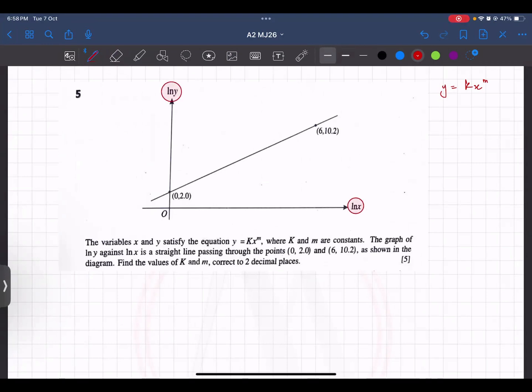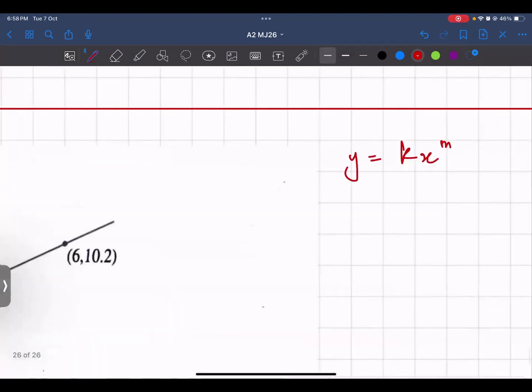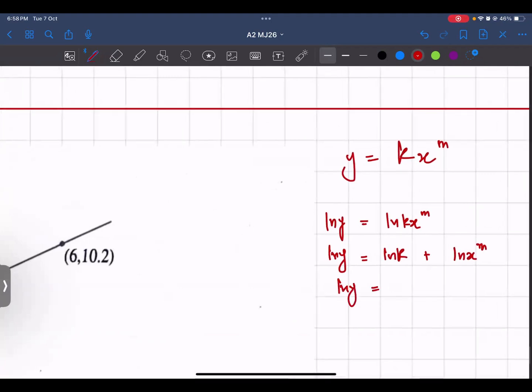So somehow they have used logs, and after comparison with the linear equation, they have changed the y with ln y and the x with ln x. So let's see. We would apply ln on both sides. So ln y equals ln k x to the m, ln y equals ln k plus ln x to the m, ln y is equal to m ln x plus ln k.